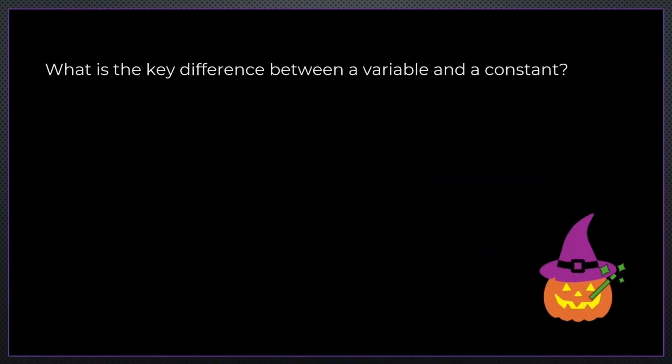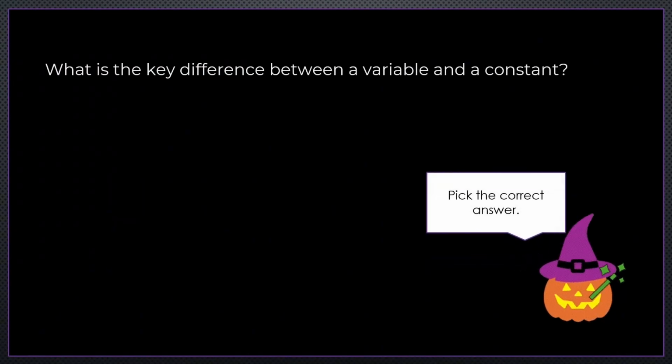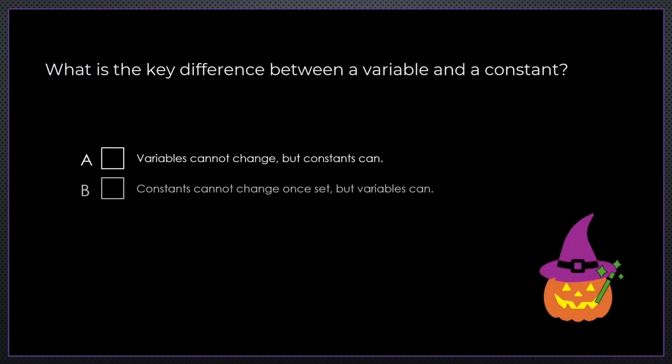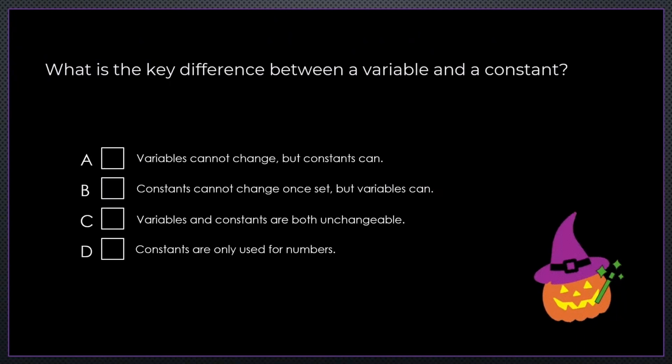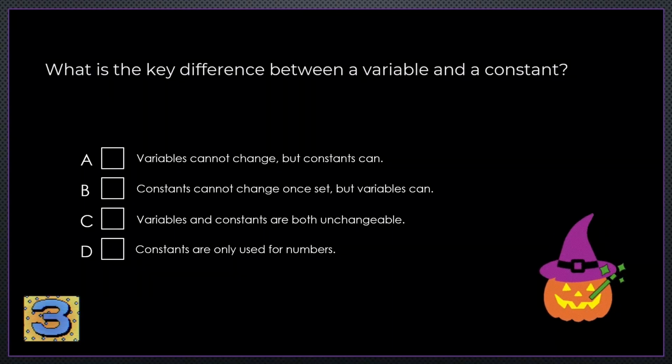What is the key difference between a variable and a constant? Option A. Variables cannot change, but constants can. Option B. Constants cannot change once set, but variables can. Option C. Variables and constants are both unchangeable. Option D. Constants are only used for numbers.